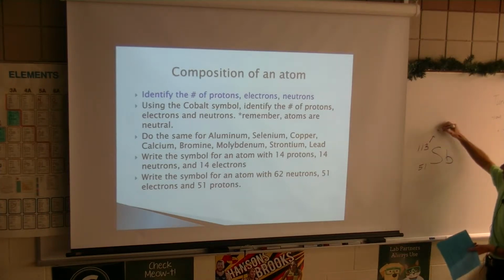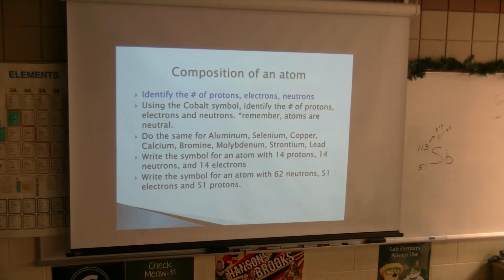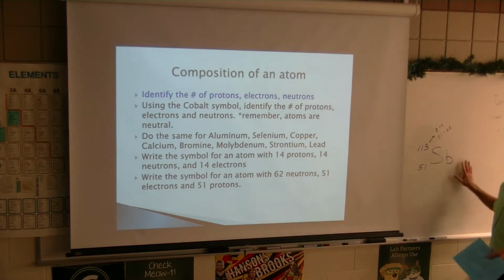Again, this is the mass number, so the number of protons plus neutrons. I have 51 protons and 62 neutrons. Excellent. So what I gave you is an isotope. What's on the periodic table is the average of isotopes, and we'll get to that tomorrow.